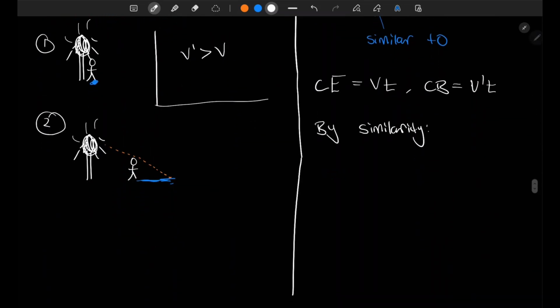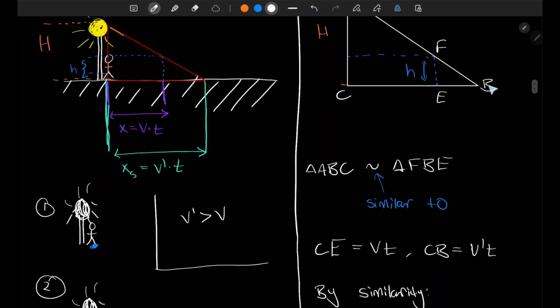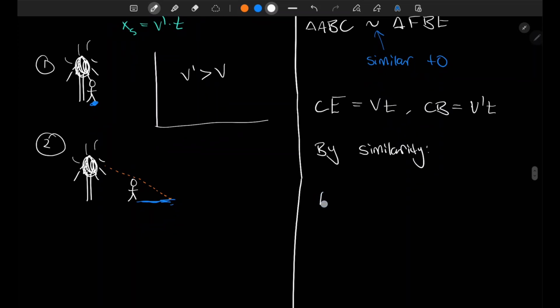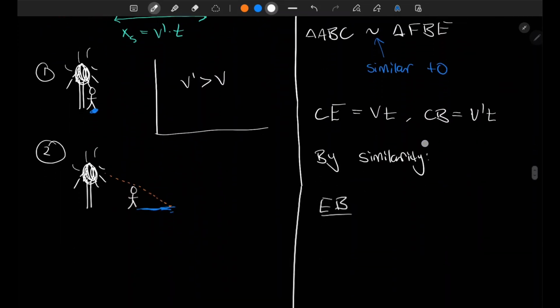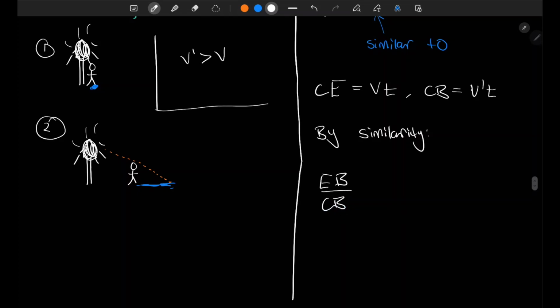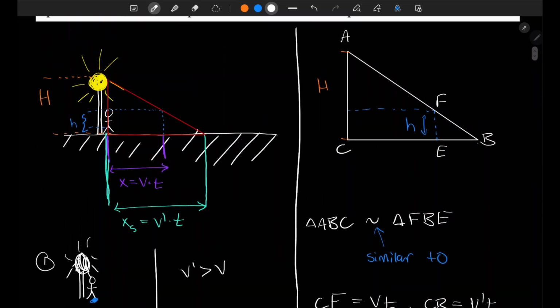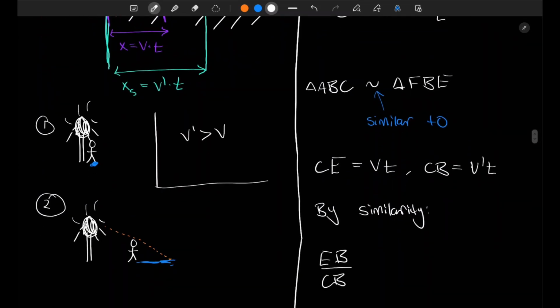So we know that for the side length BE, or EB, the ratio EB to CB is equal to the ratio of any of the other side lengths, right?